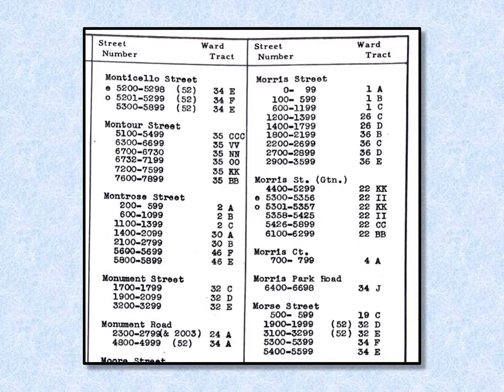If you look at the top left, Monticello Street, explain some of the things here. It says E, which means even, O, odd side of the street, even addresses from 5200 to 5298 are in Census Tract 34E, and typically wards in Philadelphia and tracts have the same number.